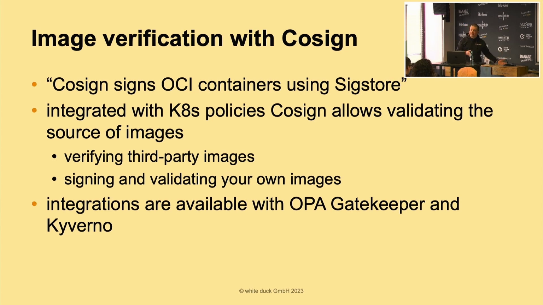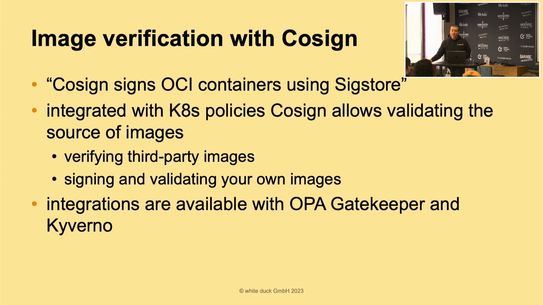So as I said earlier, you can validate if the Nginx is really the Nginx. You can sign and validate your own image to really make sure that you know what is running in a cluster. And even better, there's a nice integration with, for example, Open Policy Agent Gatekeeper or Kyverno. We heard about both earlier.